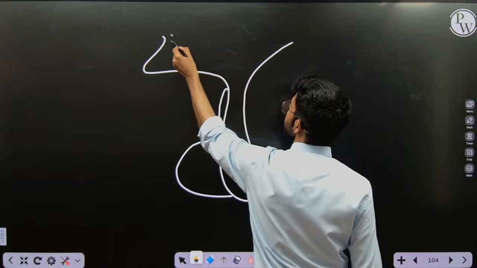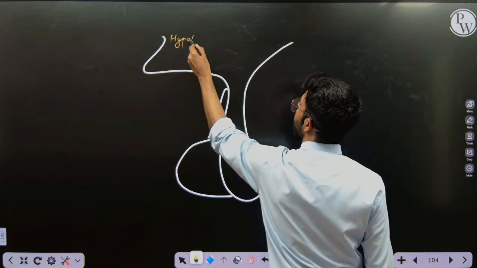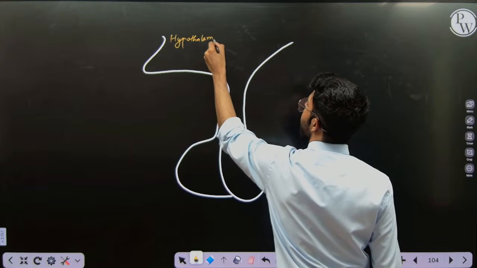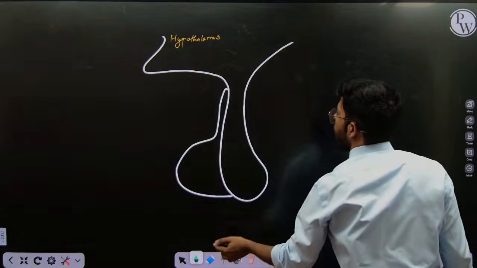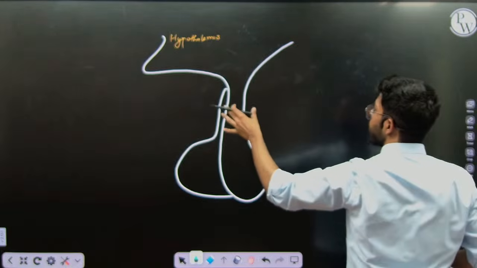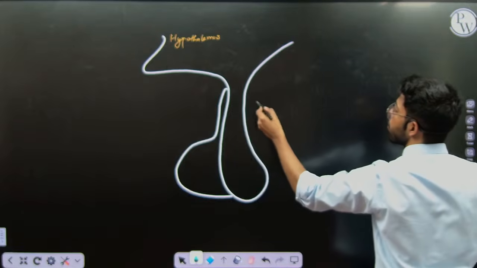This is the hypothalamus region, and the connection between the pituitary gland and the hypothalamus is known as the infundibulum.